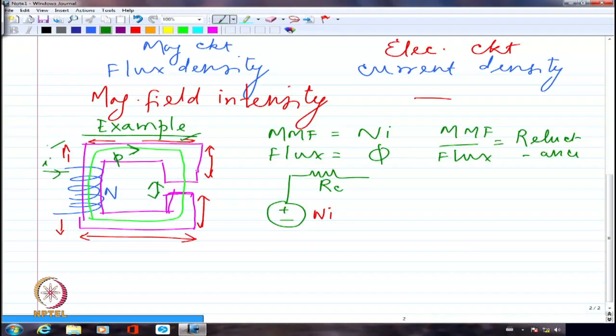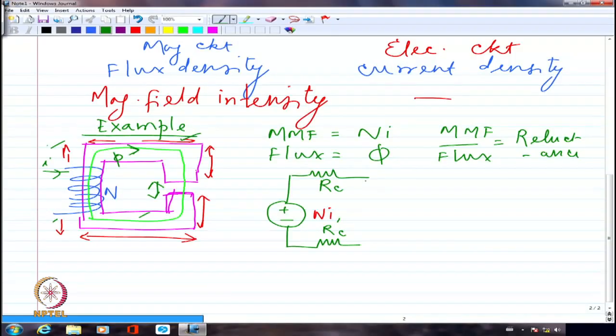Okay? Similarly, I'm going to have the reluctance corresponding to this portion as well as this portion, which I'm going to write as another RC, maybe RC dash, if the dimensions are slightly different. Okay? So I'm writing that as RC dash.